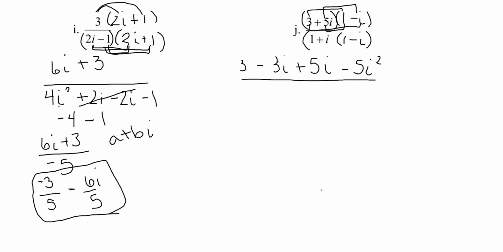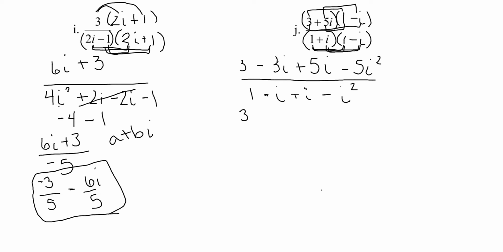On the bottom, when we multiply, 1 times 1 gives me 1. 1 times the negative I will give me a negative I. Positive I times 1 will give me plus I. And positive I times negative I will give me a negative I squared. And the last thing we need to do is simplify. So on the top, we have 3.